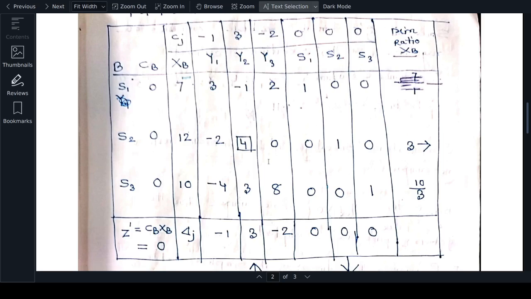So you multiply 0 into 3 plus 0 into -2 plus 0 into -4, so ultimately 0. So finally we get -1. So delta 1 value is -1. Do all of you hear this? Yes, sir. Okay, so similarly delta 2 value will be what?